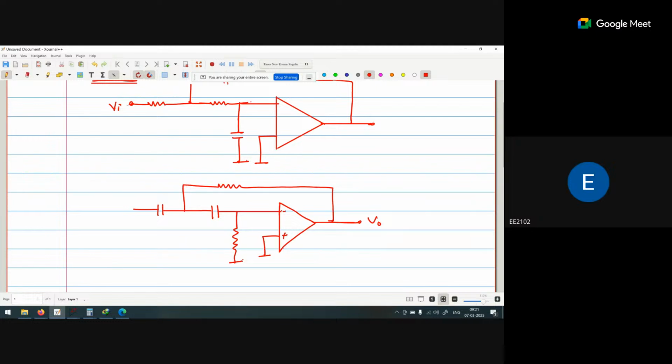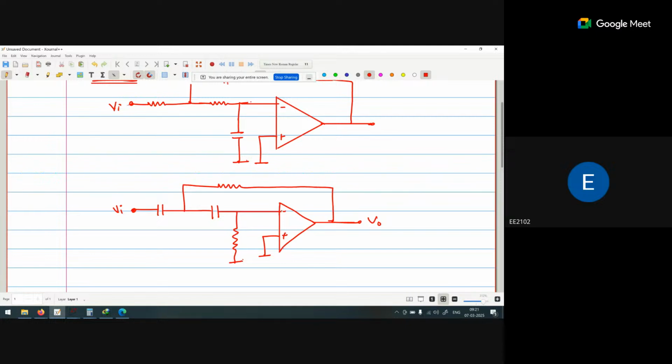So this becomes positive, this negative, this becomes positive, this negative. This is VI. Okay, so these two particular filters the professor discussed in week 6.